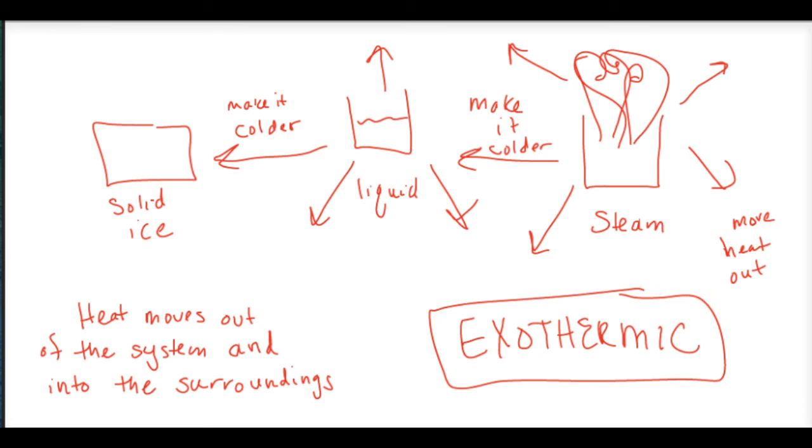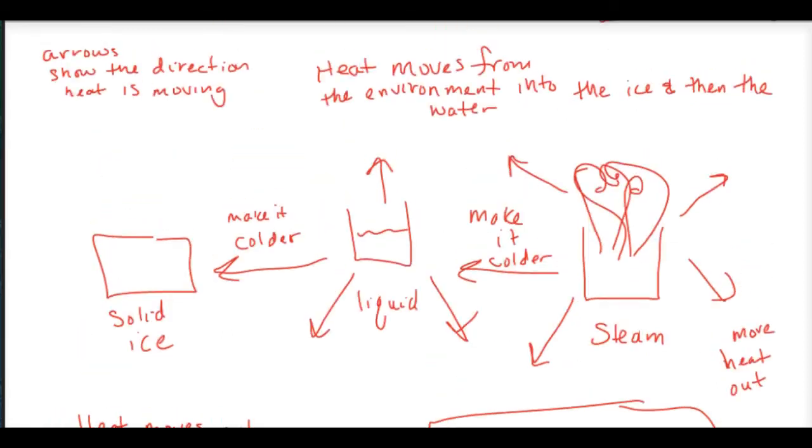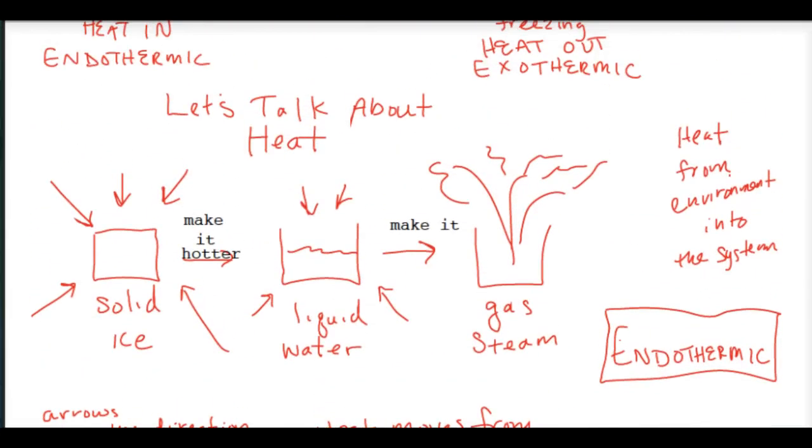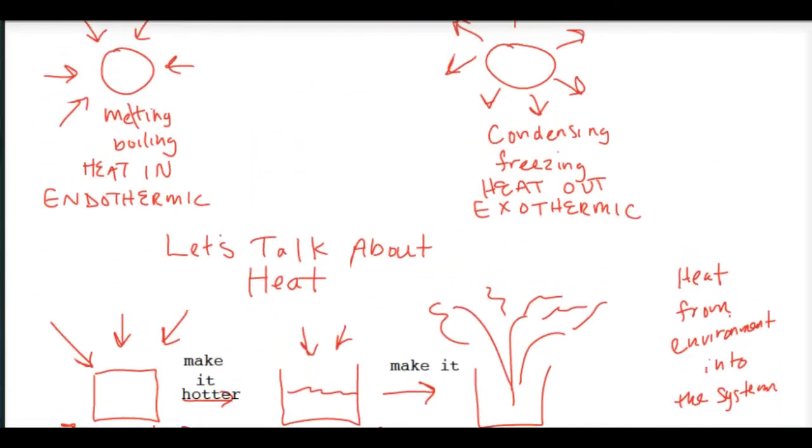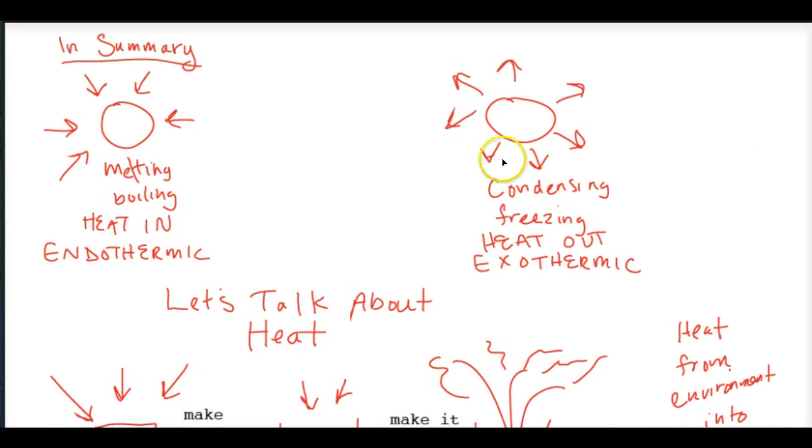So tonight we've spent time talking about an exothermic process and an endothermic process. If we were to compare the two, in summary, in order to melt something or boil it, heat has to go into the system, and we say the heat goes in, or the process is endothermic.